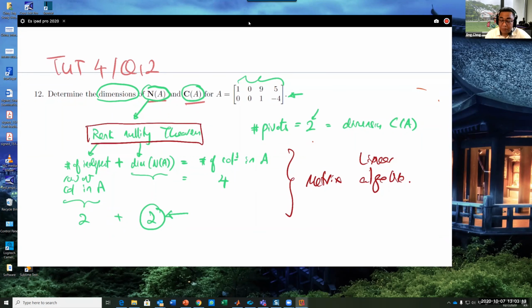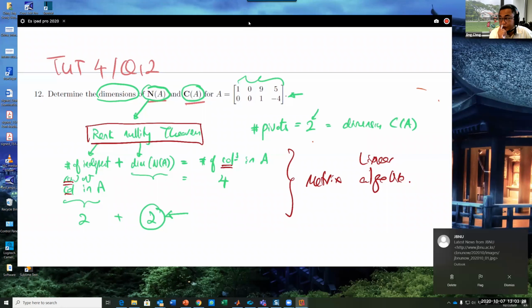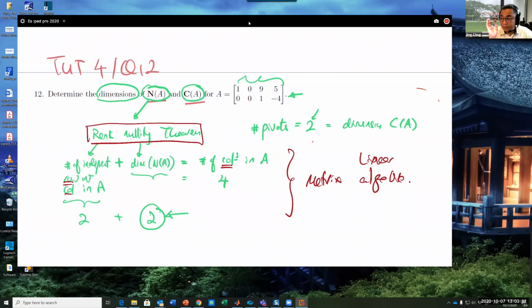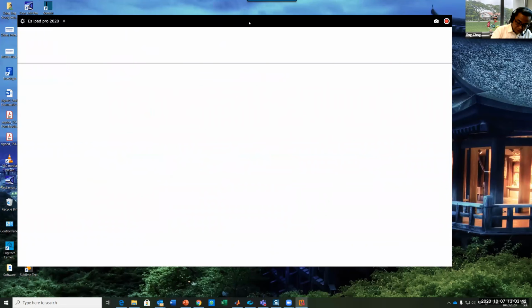That means it can be polynomials, any kind of elements that we are talking about as vectors, not only matrices. Here we're talking about rows and columns because we are representing everything as a matrix. But in the mathematical world, it's a completely different idea, more abstract. All right, so I'm done with question number 12.